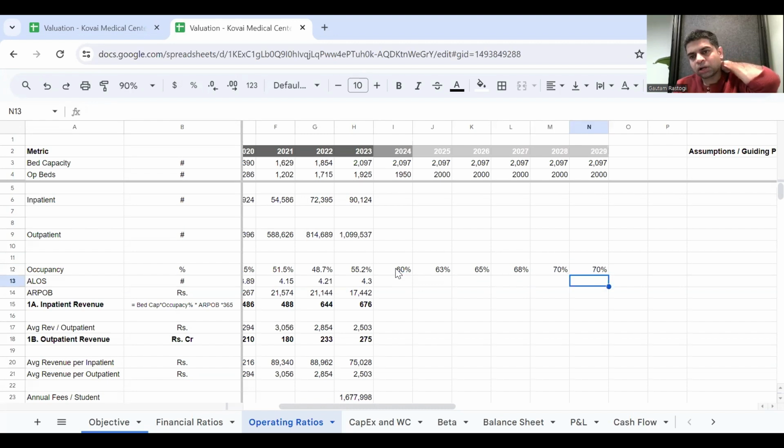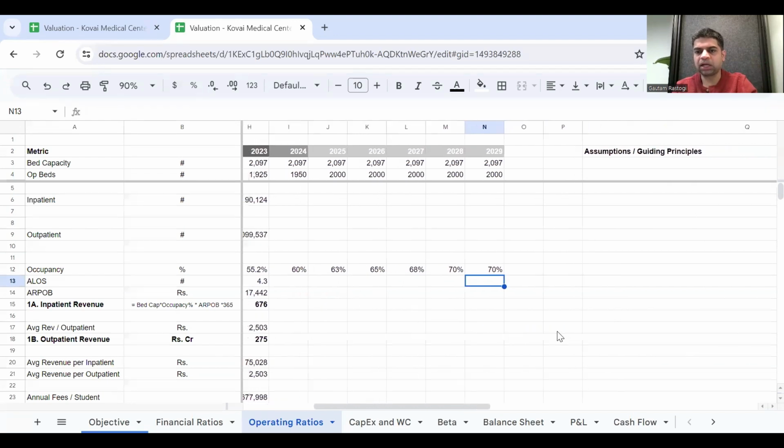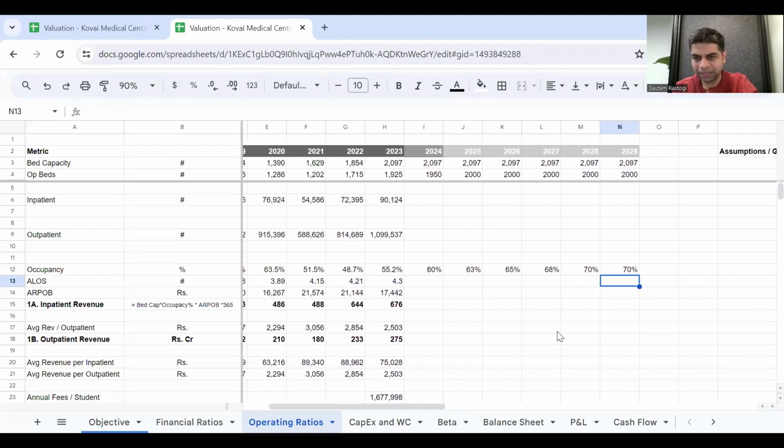Now, it's important that we document our rationale as to what led us to believe that the occupancy would rise gradually. And I'm not assuming a ridiculously high occupancy of say 80, 90, 95%, because I want to be conservative. Otherwise, the revenues would blow out.